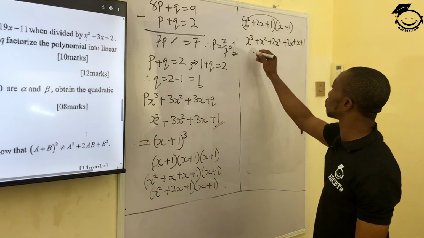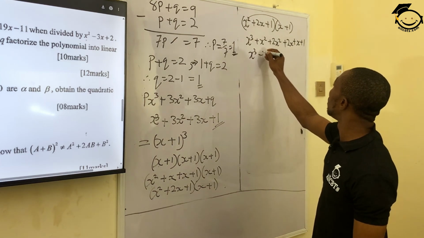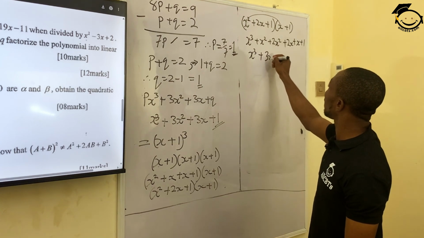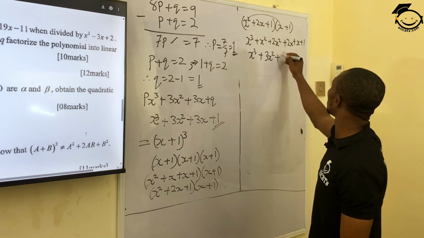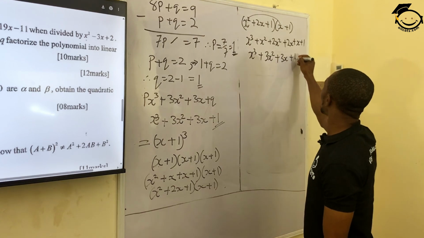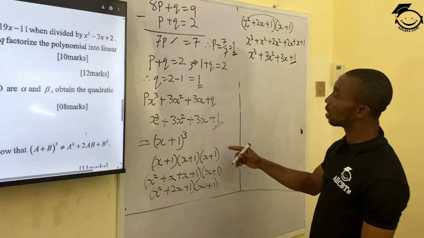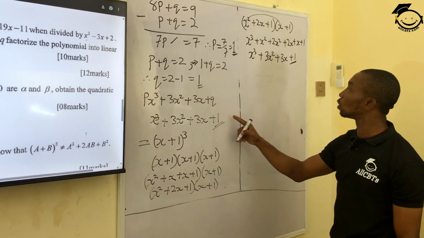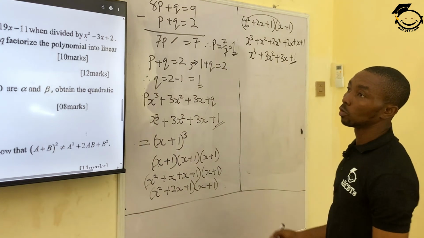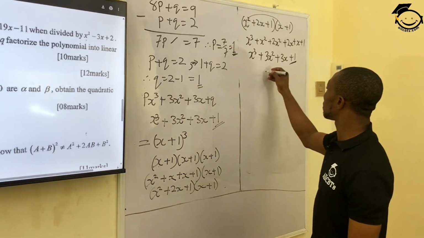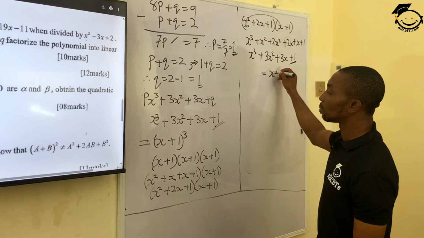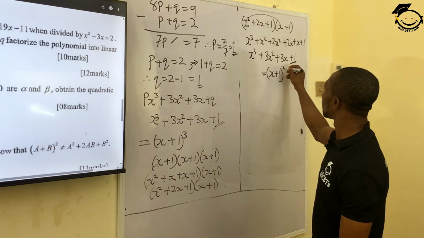So collecting terms together, we have x cubed plus 3x squared plus 3x plus 1. So this brings us back to our original equation. So the linear factors of this will become x plus 1 cubed.